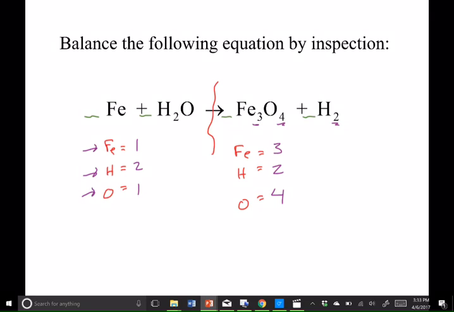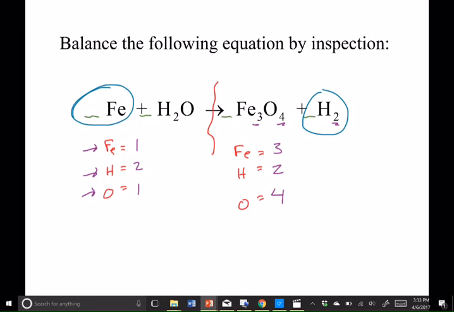What I like to do, and I think I have a rule coming up about this, is keep this one to last, because it's pretty easy just to slap in a number there. Start where it's most complicated. I would leave this one to the last too.